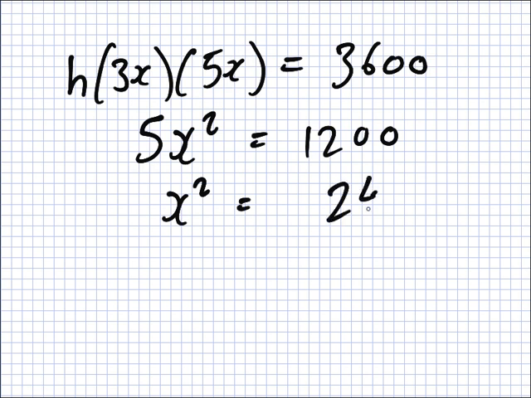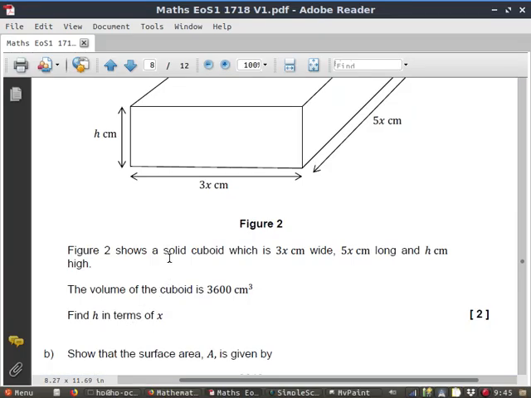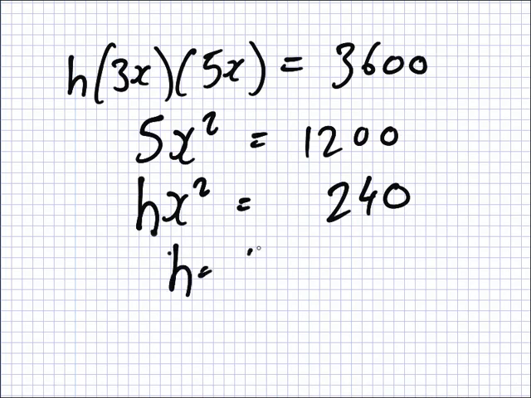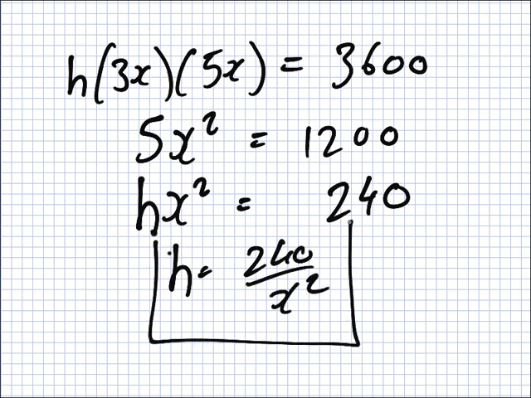So what's that, 240? Oh, sorry. I've left out my h, didn't I? They're looking for h in terms of x. H is 240 over x squared. Okay, so that's the first answer, done.